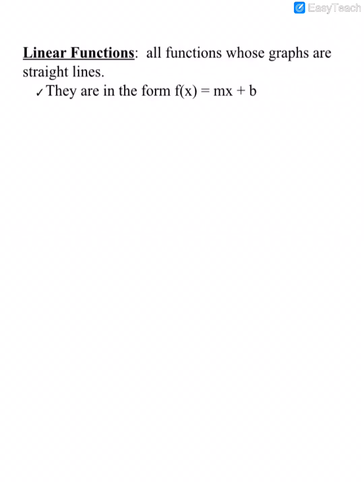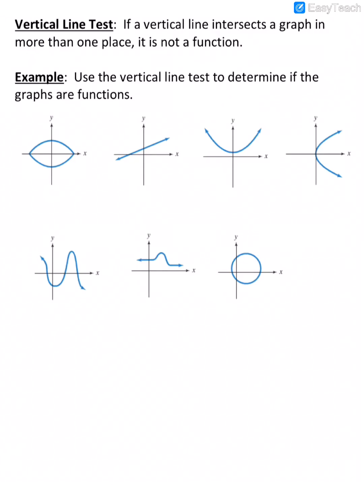And other types of graphs may not be functions, but we can do a little test on them to tell whether they're functions or not. So if we look at these graphs, we can use what's called the vertical line test to determine whether or not the graph is a function.